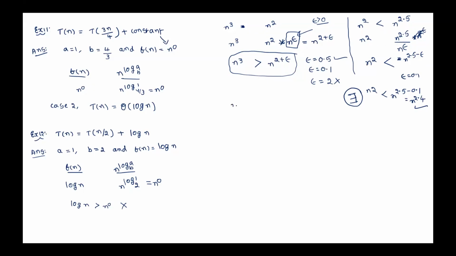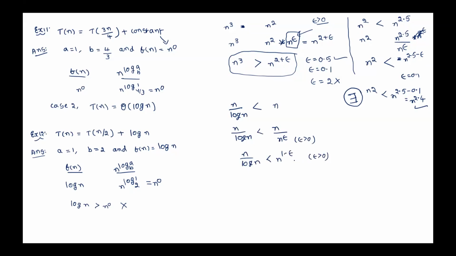Now, same thing, n by log n. N by log n, and n you take. Is it smaller than n? Yes. Is it polynomial amount smaller? That means if I divide by n power epsilon, is this true where epsilon is greater than 0? That means n by log n can be written as n power 1 minus epsilon for any epsilon greater than 0.